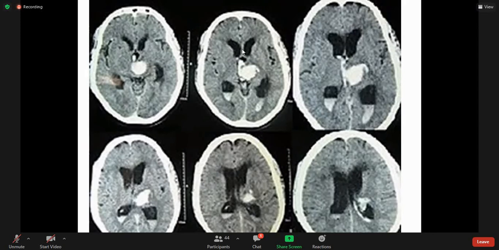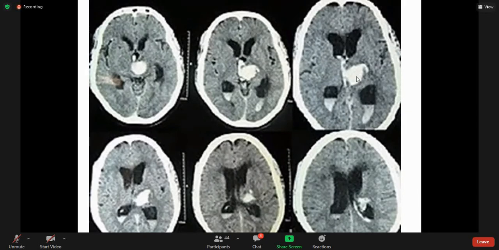But in these scans, the ventricular systems are enlarged. Then in these scans, there is blood which is compressing the ventricular system from the outside. That's why there is hydrocephalus. And in this scan and in this scan, the blood is also present within the ventricular system.